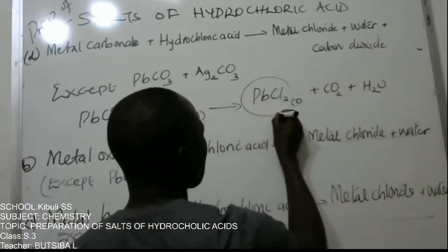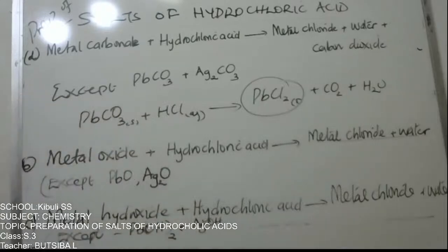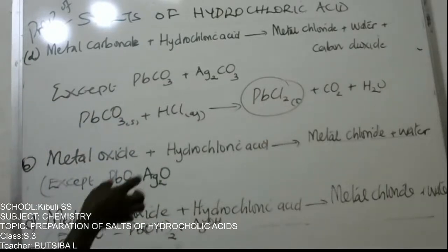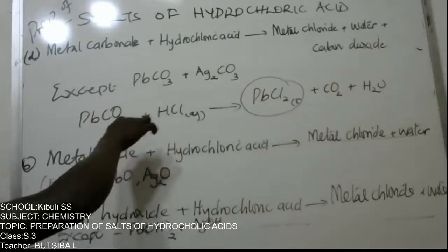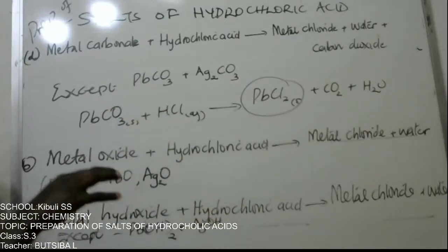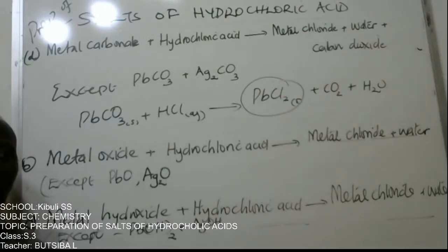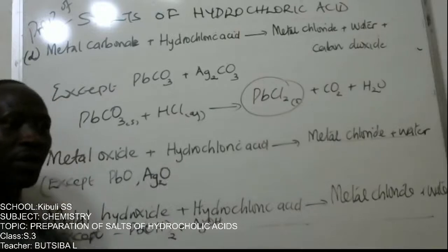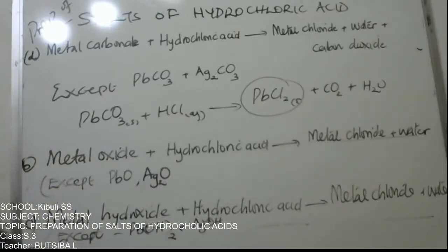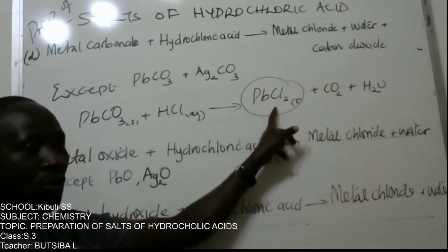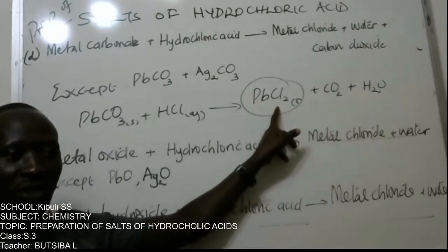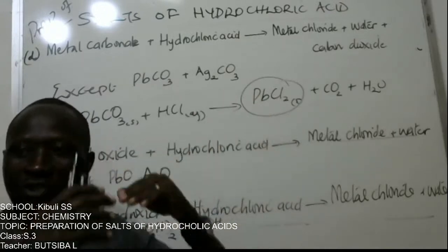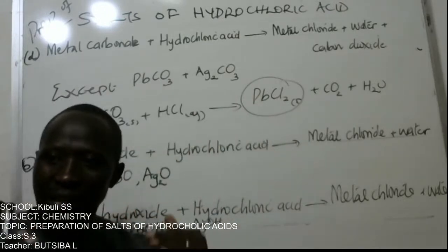But because lead 2 chloride is insoluble, it forms a layer on top of lead 2 carbonate, and that layer cannot allow the reaction to continue. The moment you add the acid, you see 2, 3, 4 bubbles, and the reaction stops. Why does it stop? Because of the formation of lead 2 chloride, which is insoluble, forms a protective layer and stops the reaction from further taking place.